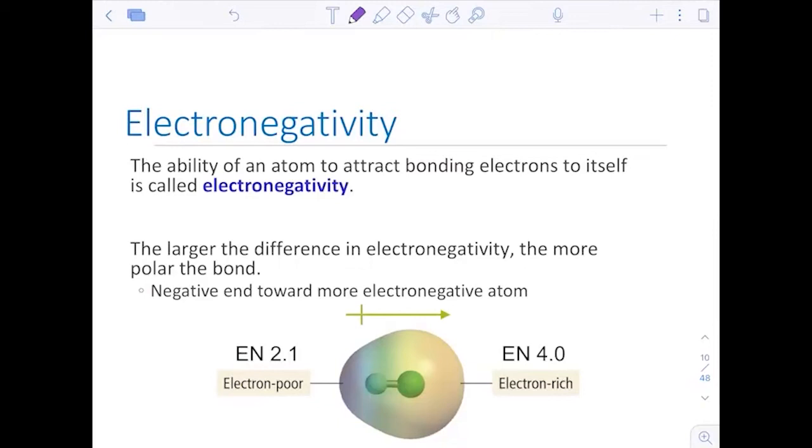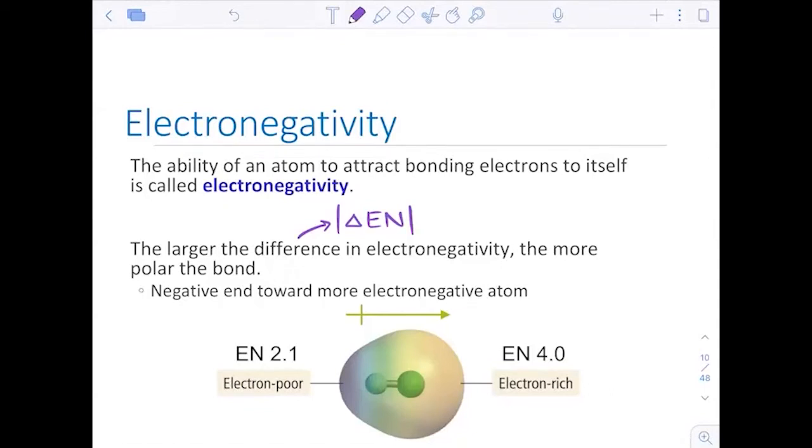And so what we actually get to start to calculate is the change of electronegativity between the two nonmetals. The more difference that is, the larger the value. It will be an absolute value. We're not going to look at positives or negatives. Just take the biggest one minus the smallest one and say, what's the difference? The larger the difference, the more likely that bond will be identified as polar, leading towards the actual ionic scale.